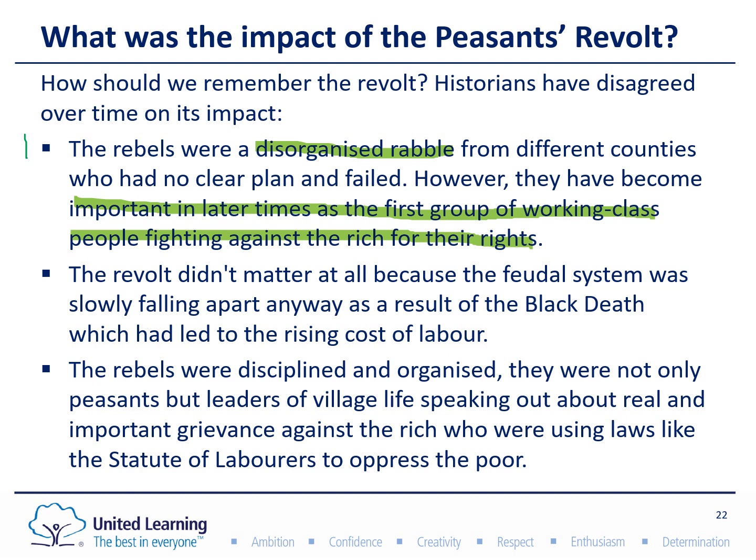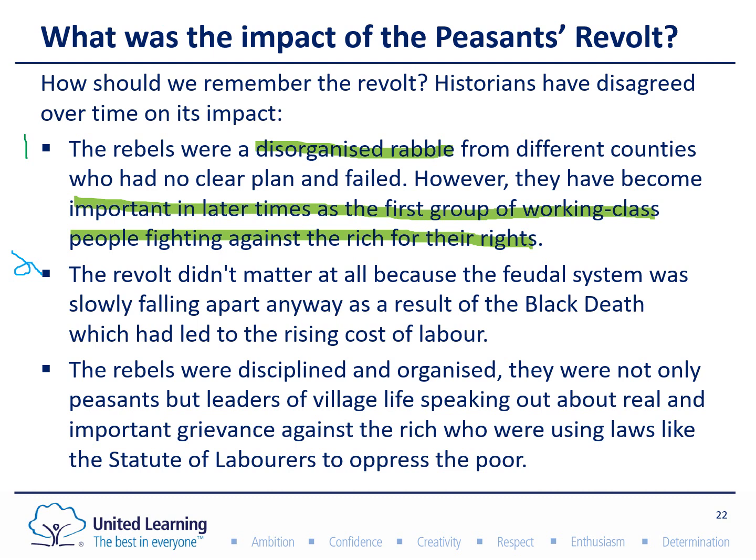So that's one interpretation from number 1. Number 1 is saying that while it failed massively, it's really important for people much closer to today to look back and see this first example of working class people fighting against the rich.